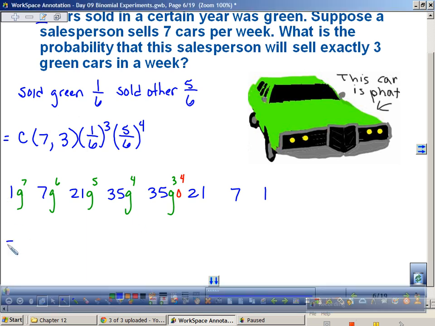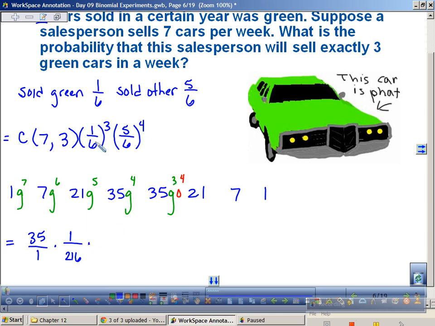Okay. So that being said, by expanding this right now, we already know that 7 choose 3 is 35 over 1 times 1 over, what is 6 cubed? 216.